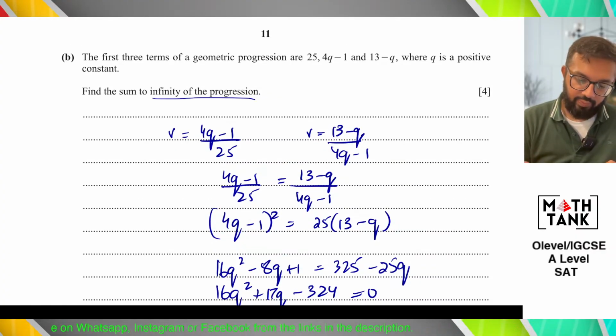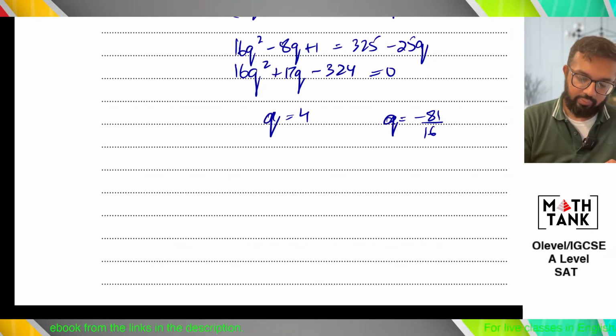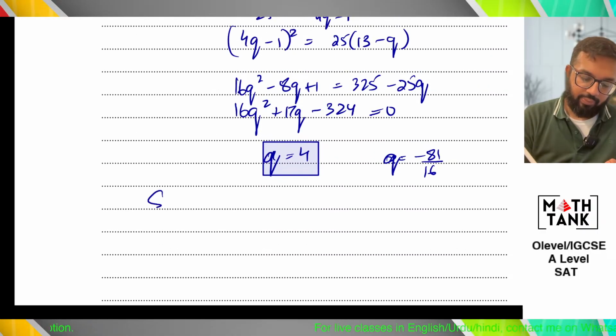The sum to infinity of a geometric progression with positive numbers: I have k over 1 minus r.